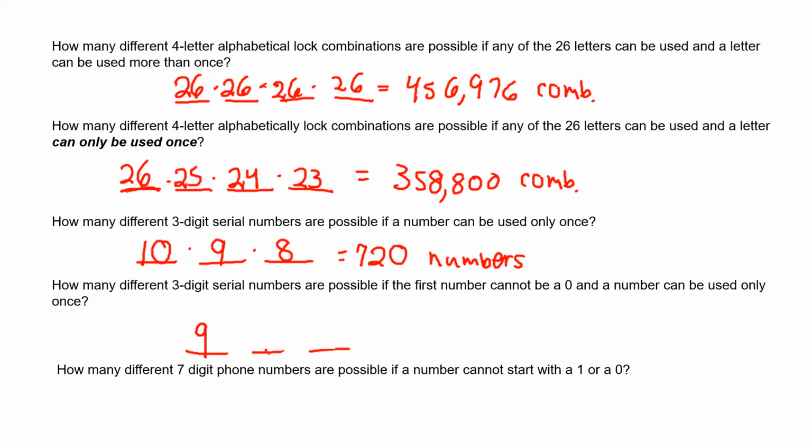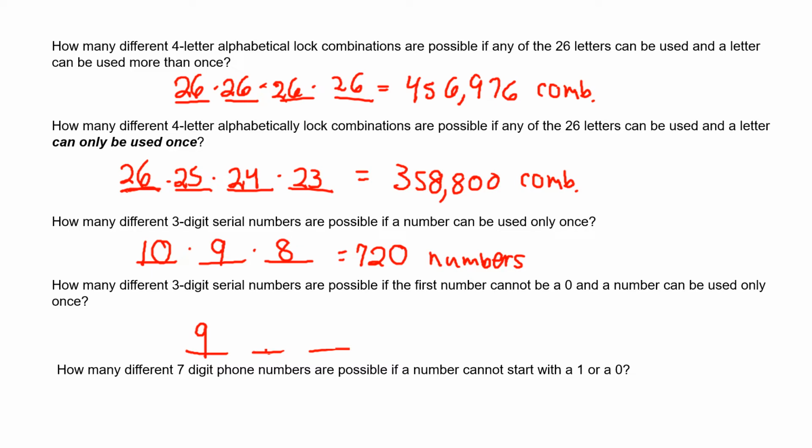Now let's go on to the second slot. It could be a 0. It doesn't say that it can't. It says only the first number cannot be a 0. So 0 is a possibility. So we throw that back in as a possibility. But a number can only be used once. So first of all, we'd say, well, I could use digits 0 up through 9. That would be 10 possibilities. But I've already used up one of the digits if I'm already on the second slot.